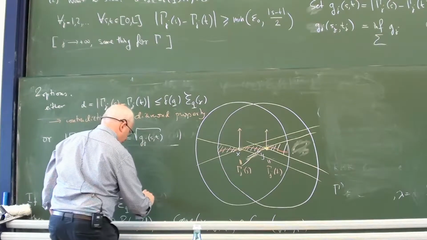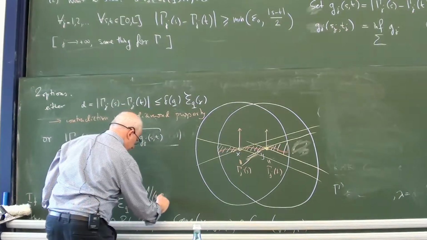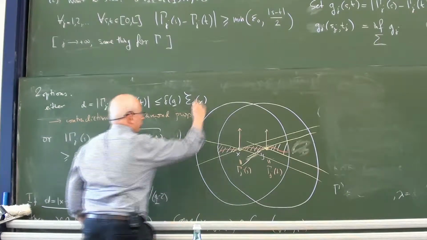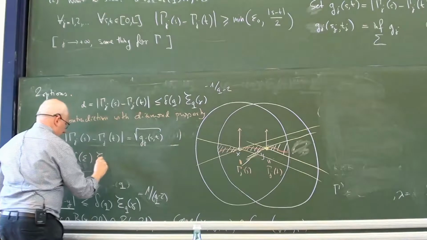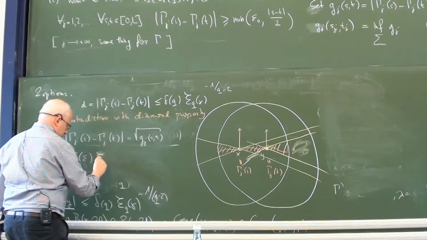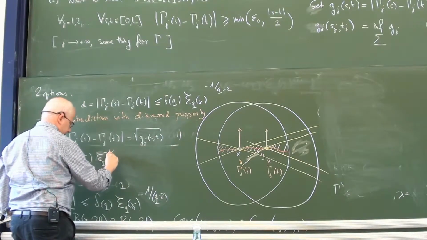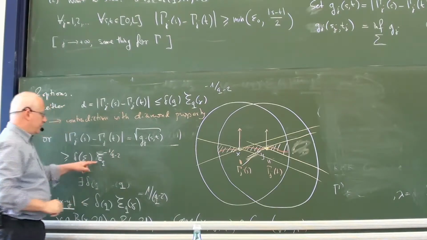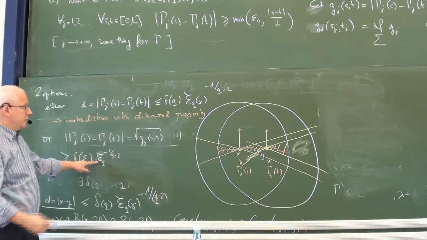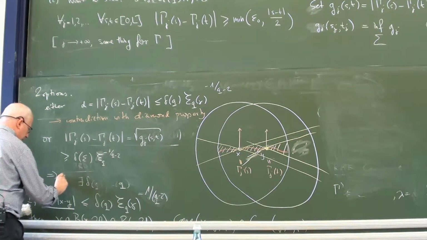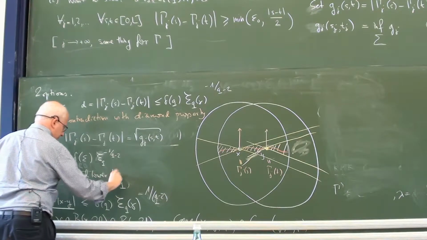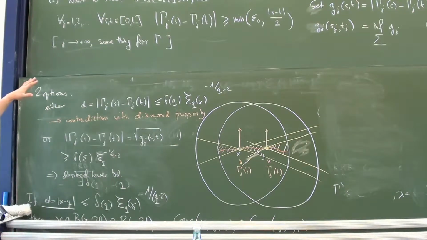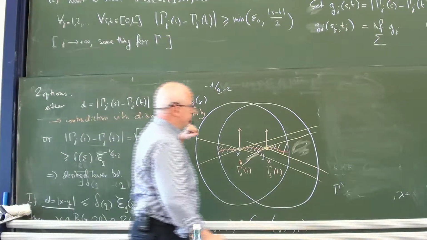This was a negative power, sorry for that. And this is the desired lower bound because all the energies are bounded. So we have uniform lower bounds of that kind.